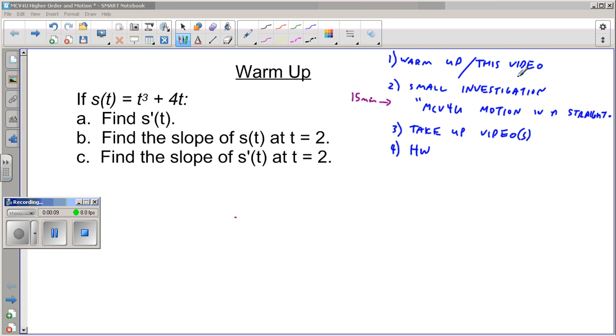You're watching this, and hopefully you've tried the warm-up. I'm about to take that up momentarily. In this lesson, there's a small investigation, and there's a handout that should be posted on the website in PDF version that you're going to fill out. It's about 15 minutes worth of work, and I think it would be best if you did that at home.